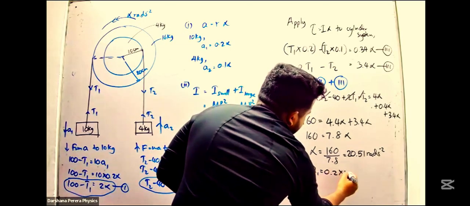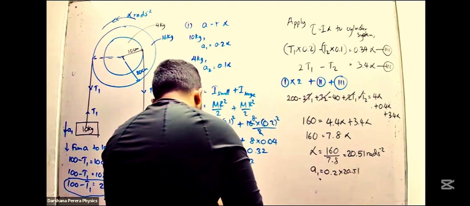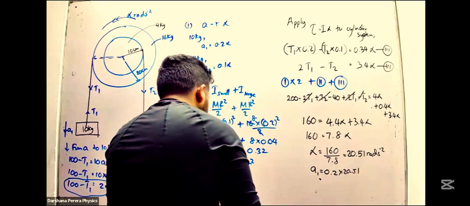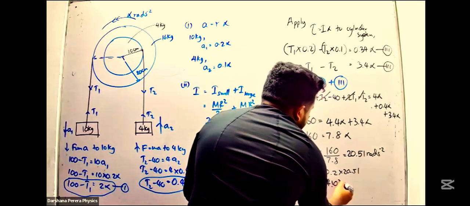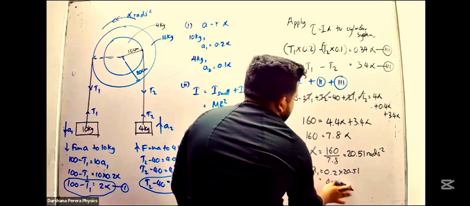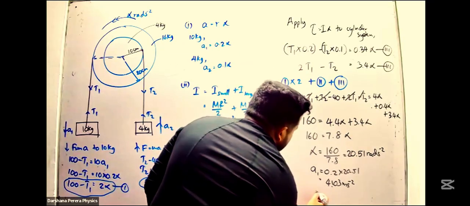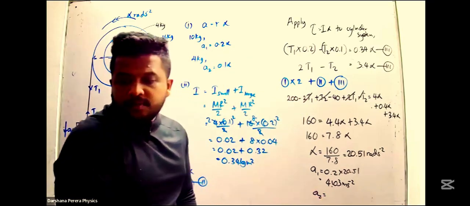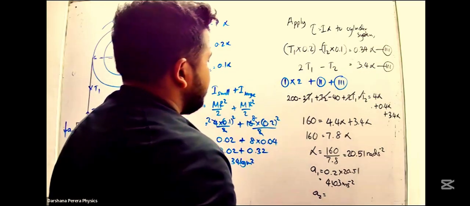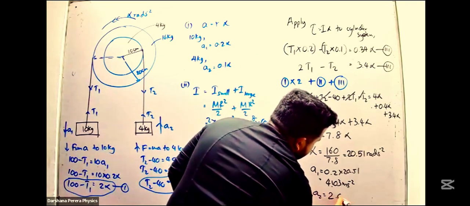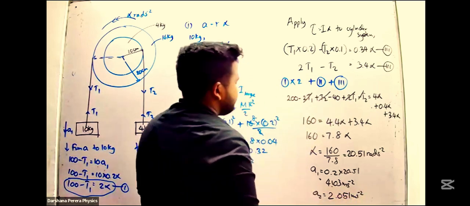Yes, your answer is correct. 0.2 times 20.51 is 4.103 meters per second squared. A2 is 0.1 alpha, which means 2.051 meters per second squared.